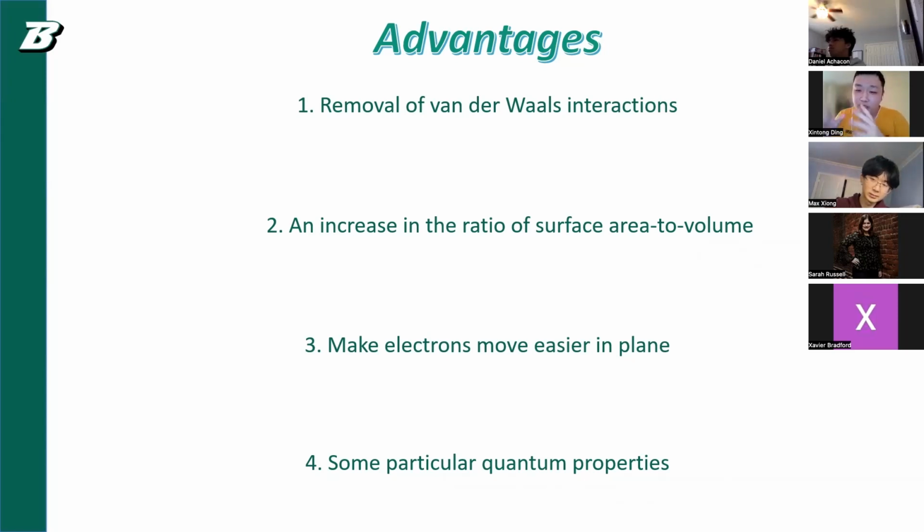It can also make more flexible and soft solar cells. Solar cells now are really tough and hard to move, hard to use. However, 2D materials can make the solar cells more stable, more flexible, and softer.